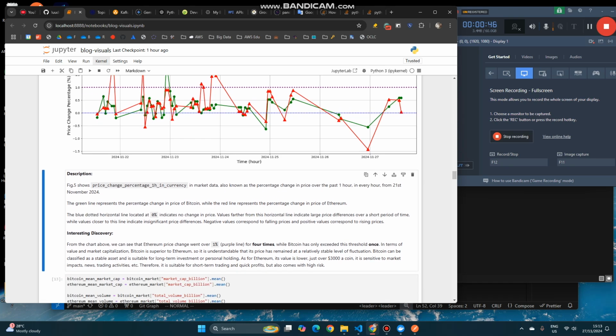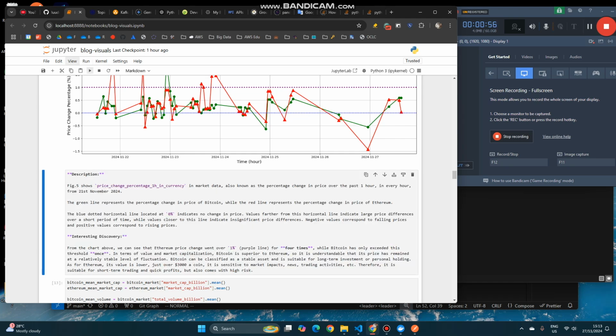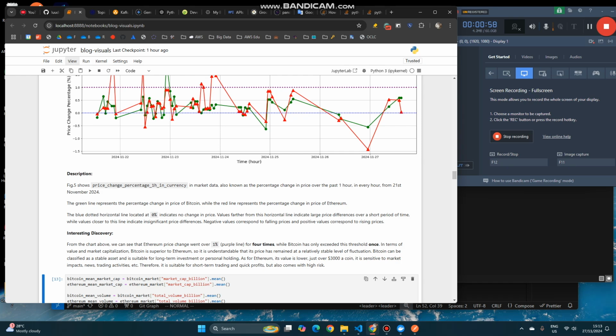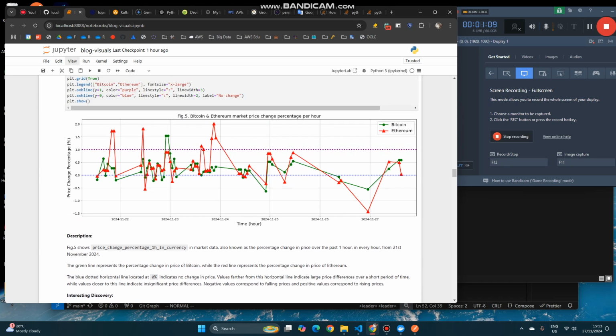Which means that Bitcoin is at a more stable level than the Ethereum, and Bitcoin can be classified as the stable asset. So it's suitable for the long-term investment and personal hold, like gold, yeah, similar to gold.